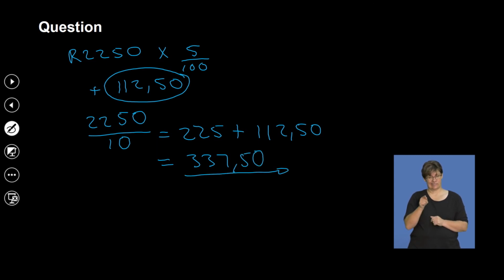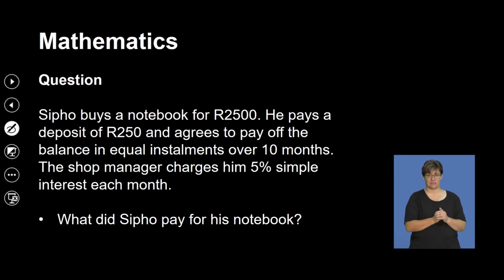Now, this is what Sipho will be paying for the 10 months in order to settle his debt. Because we're going to call this debt, because it is actually debt. But what did Sipho pay for this notebook, right?